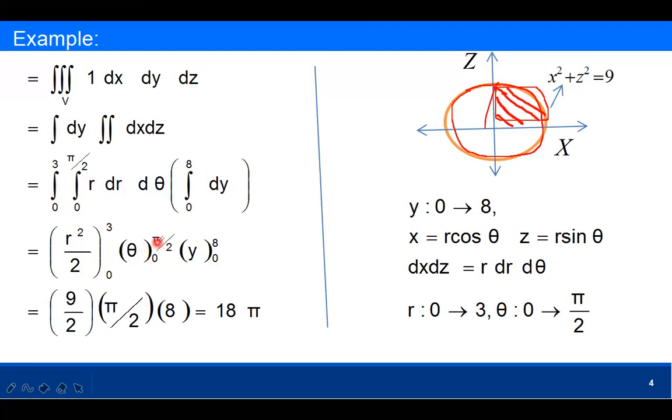Now substitute these values. So this is 3 square, 9 by 2 minus 0, that is 9 by 2, and 8 minus 0 is 8. Now simplify this: 2 times 2 into 9, 18 pi.